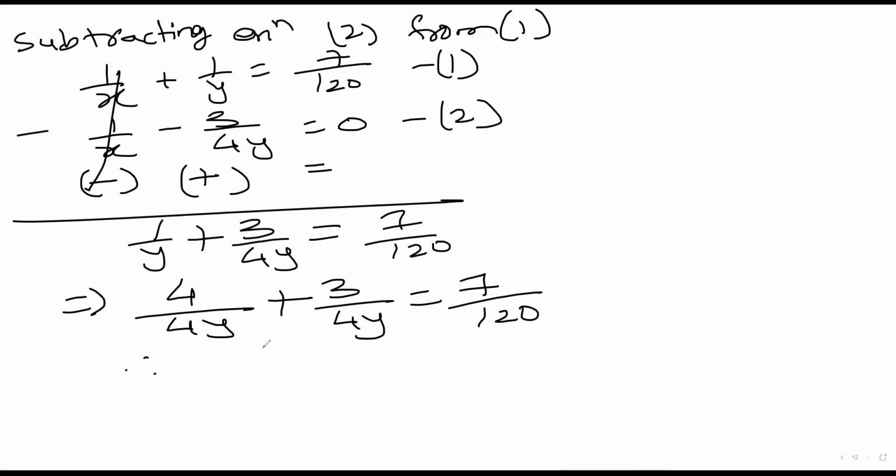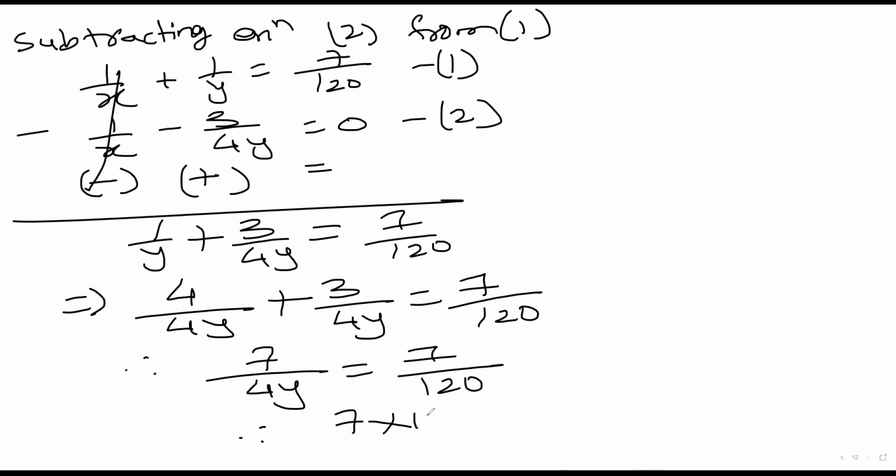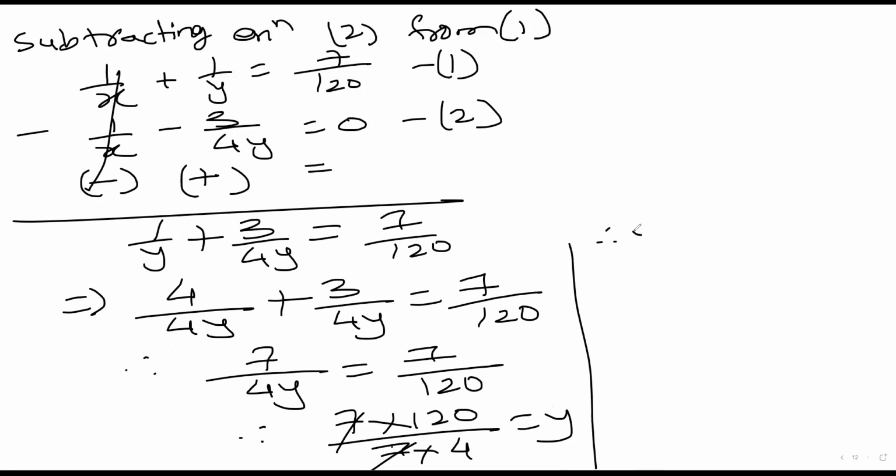So we get 4 plus 3, 7 upon 4y is equal to 7 upon 120. If you cross multiply, you get 7 into 120 upon 7 into 4 is equal to y. 7 cancel. So y is equal to 120 upon 4, which is 30.